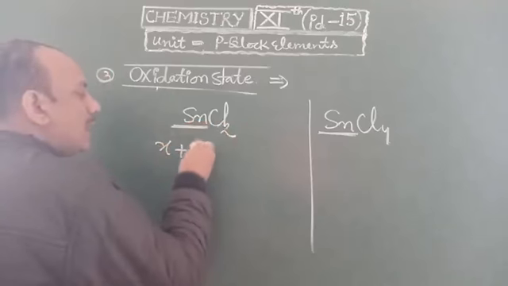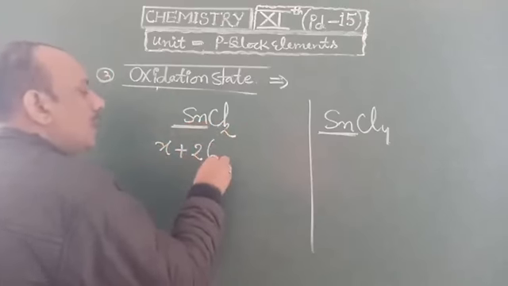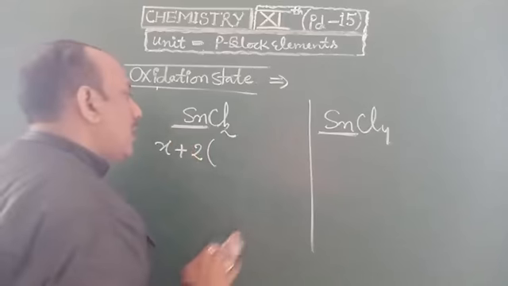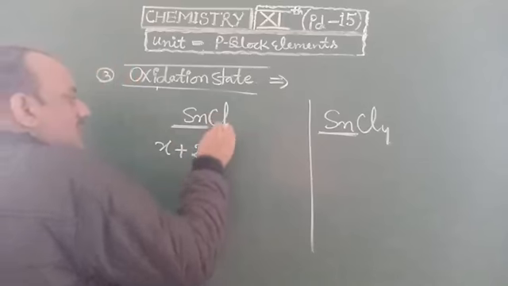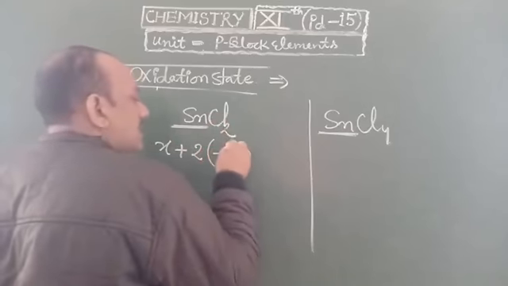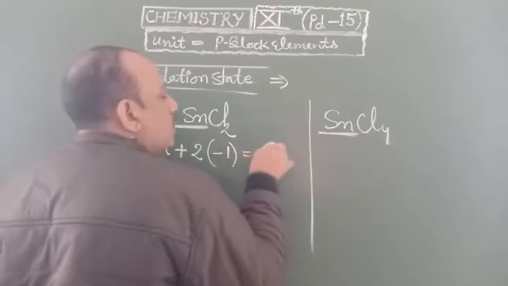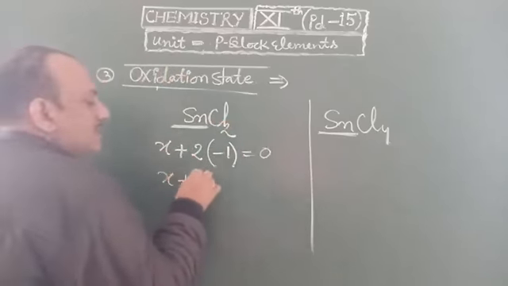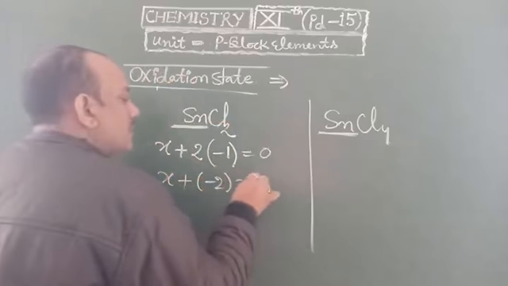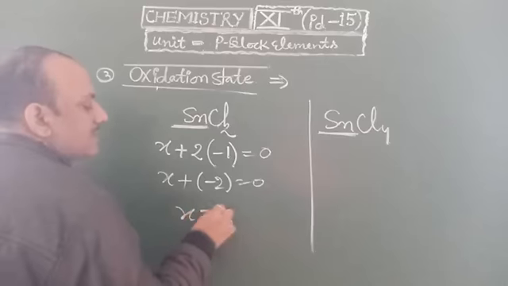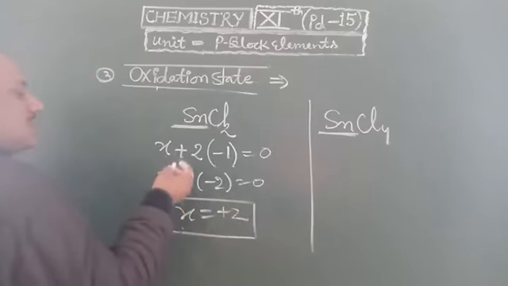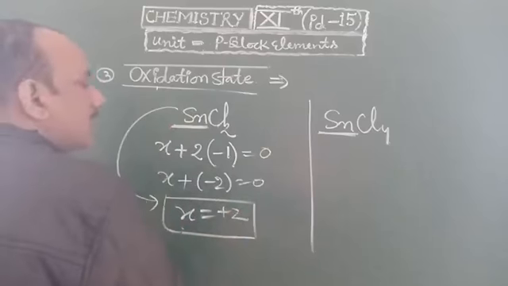For chlorine there are 2 atoms, and halogens have a common oxidation state of -1. So for Cl the oxidation state is -1 and the total of oxidation states equals 0. x + (-2) = 0, then x = +2. This is the oxidation state of tin.